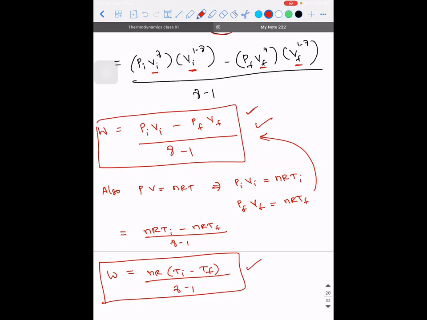So both are formulae for work done in an adiabatic process. If they give pressure and volume, we use the first one. And if they give only temperature, we use the second one, depending on the parameters that are given, that's it.